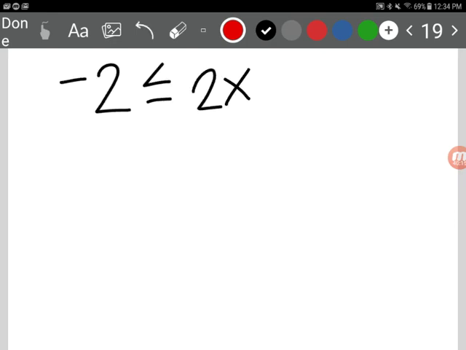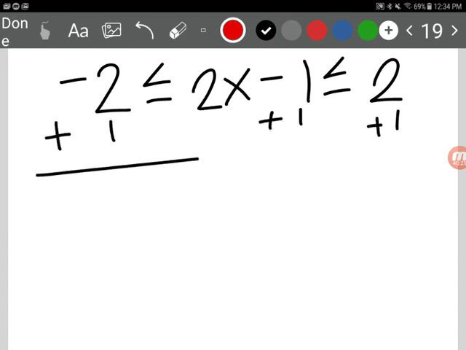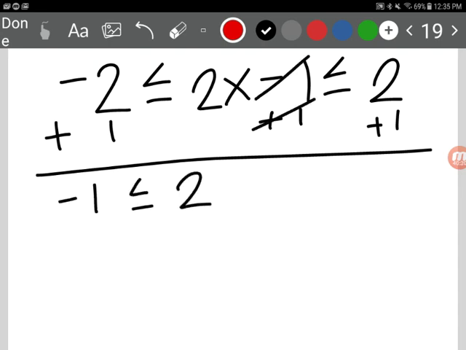So for negative c, I'm going to write negative 2 less than or equal to, my x is the 2x minus 1 part, less than or equal to c, which is 2. And then it's a double inequality, so just solve for x. Add 1 on all three sides. So I'm left with negative 1 less than or equal to 2x less than or equal to 3.